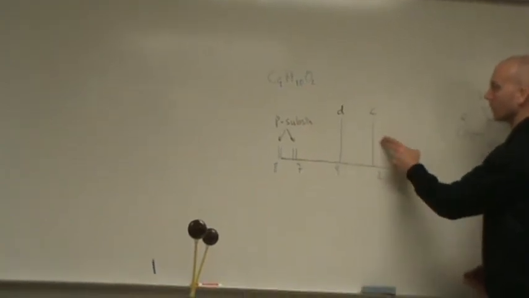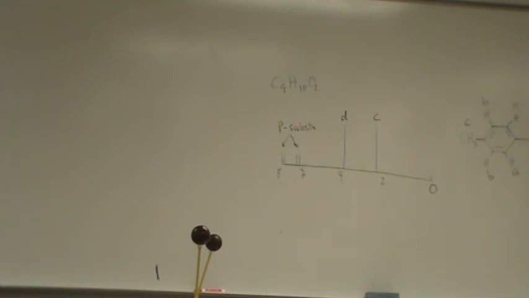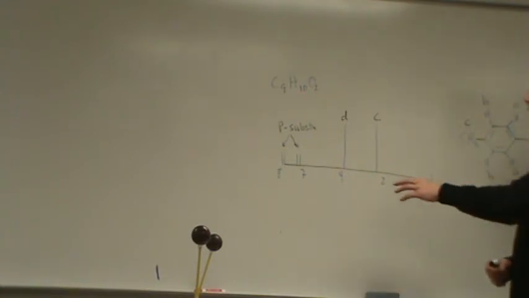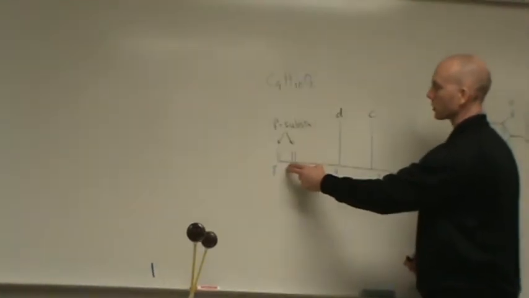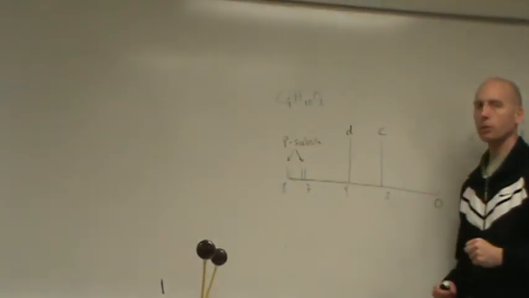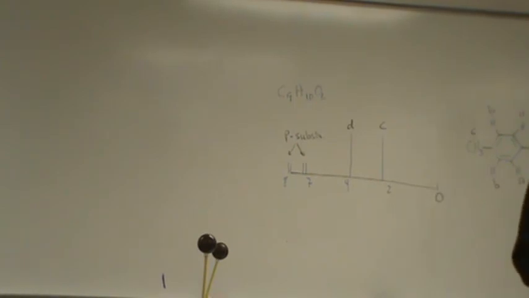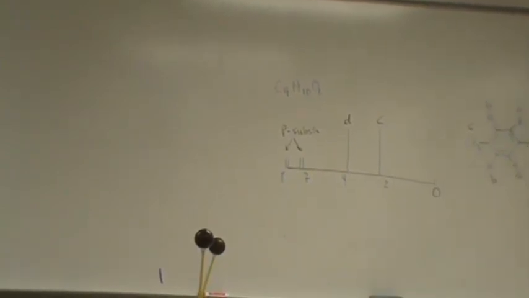That D was more downfield than C. Okay? Any questions on this one? The main thing I wanted you to see was benzene hydrogens in the para substitution. That's a signature pattern. A signature pattern.